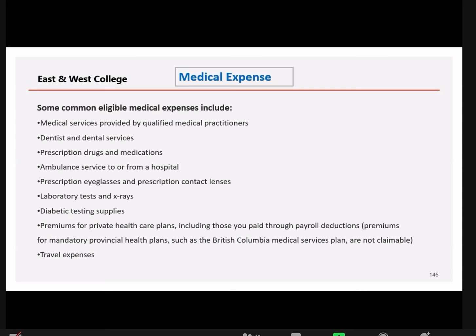I don't know how much. She has to subtract that amount, then put all the rest in medical expenses. So you're clear? You clear on medical expenses? Yes, ma'am. Yes.